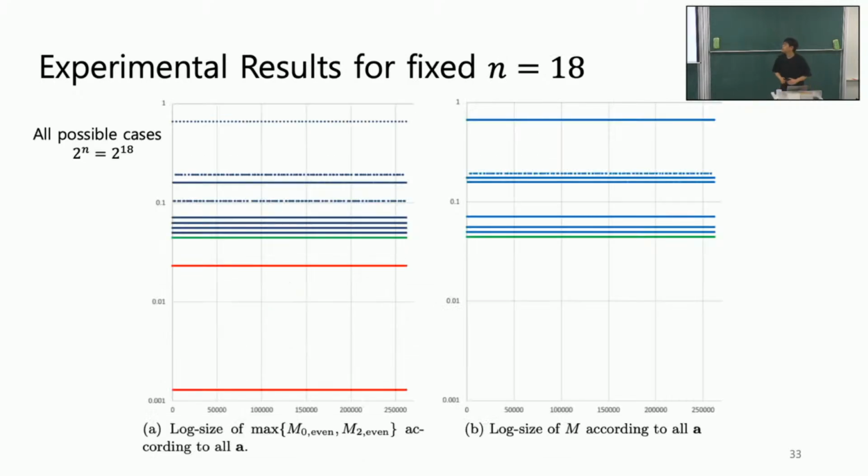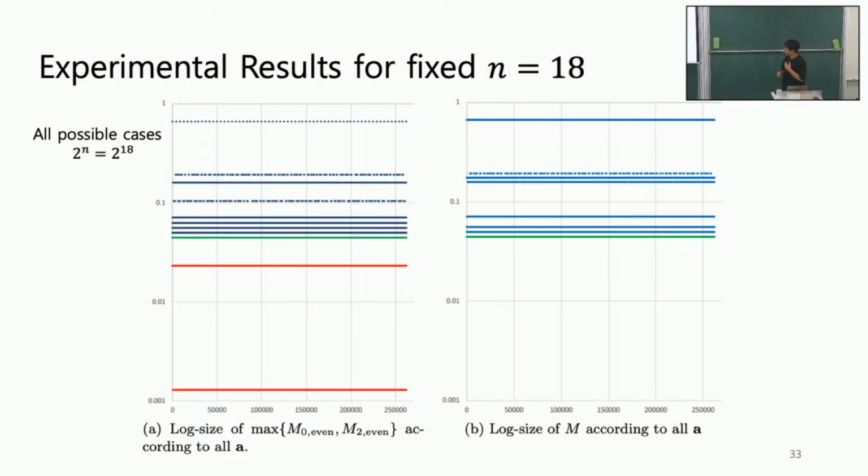And we also run the same experiment for a fixed n of 18. We run all possible cases of circulant matrices with a fixed n, which is 2 to the 18.